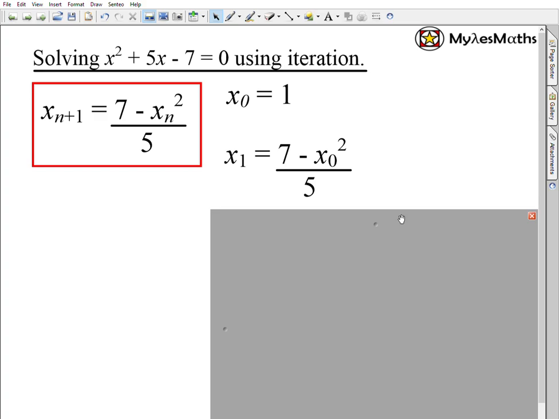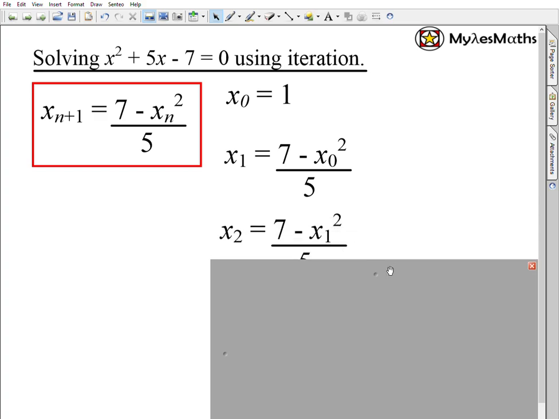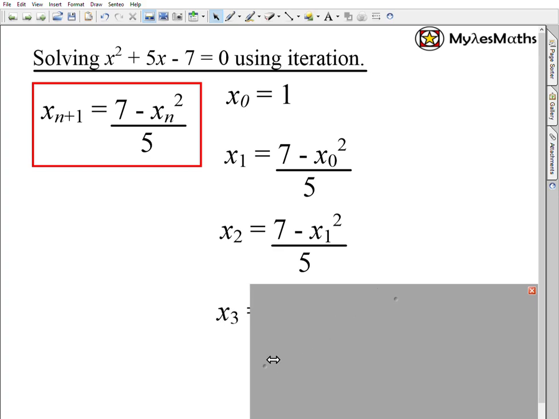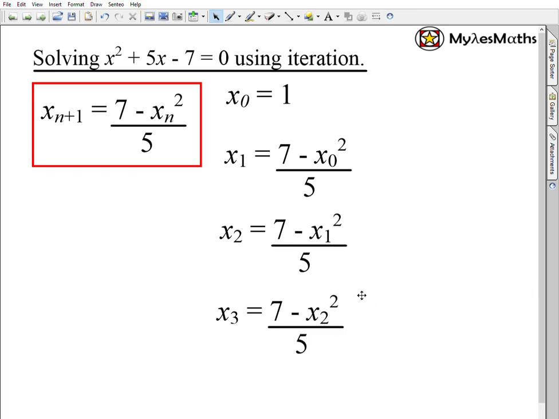So on our first iteration, x1 will be (7 minus x0 squared) divided by 5, and x2 will be (7 minus x1 squared) divided by 5, and of course x3, I guess you're there ahead of me, will be (7 minus x2 squared) divided by 5. So the number here is just the number of the iteration, 0, 1, 2, and so on.